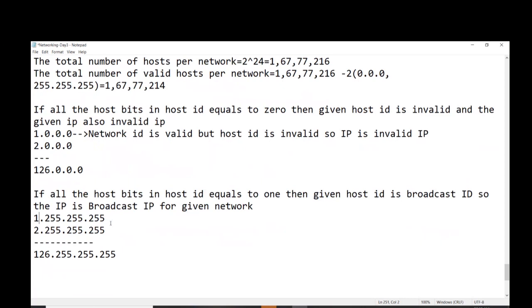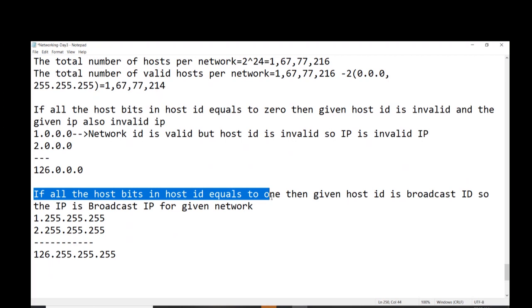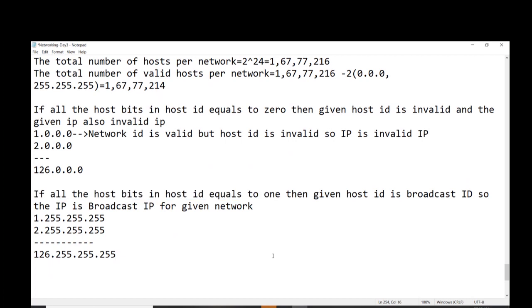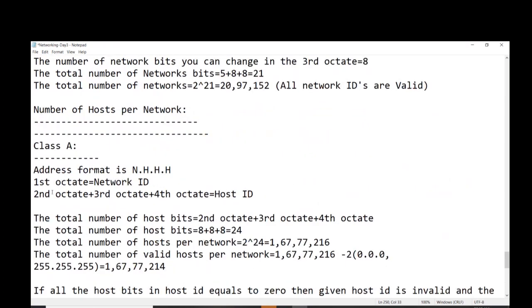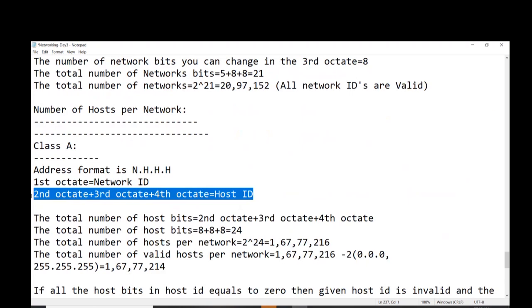Sir, but in the fourth octet you have given 255. Yes, you all know what this sentence tells: if all the host bits in the host ID are equal to 1, then the given ID is the broadcast ID. Fine, sir. Host bits in the host ID. And what is our host ID? The second, third, and fourth octets.